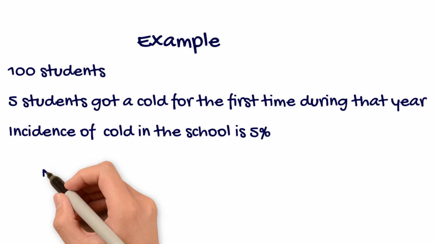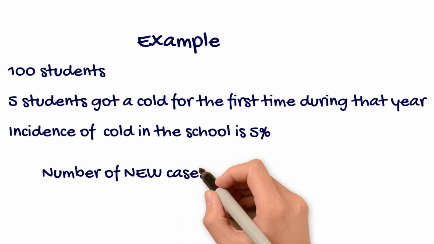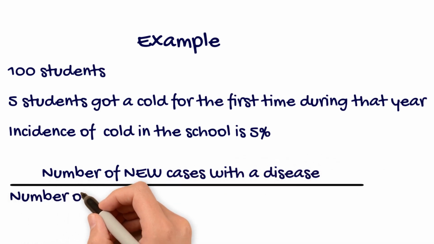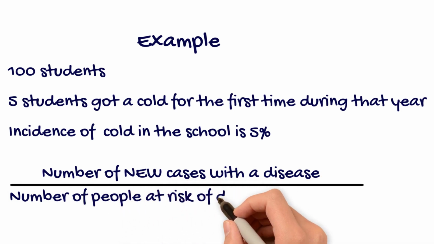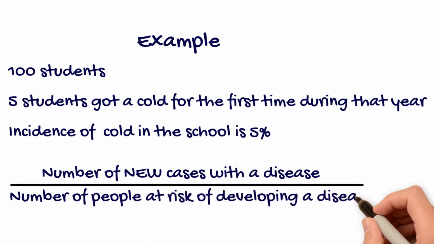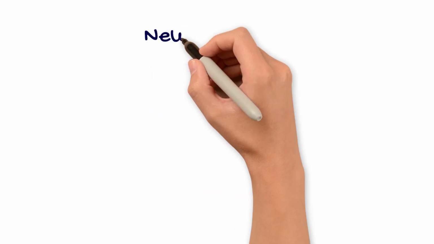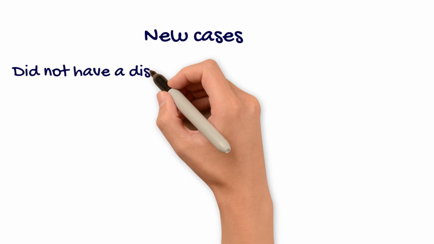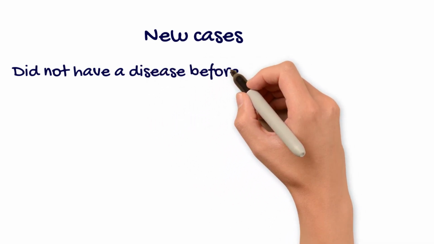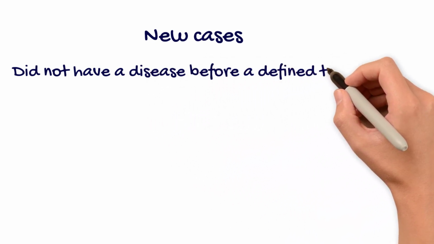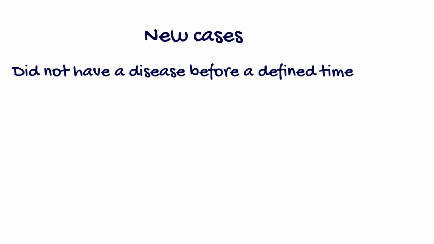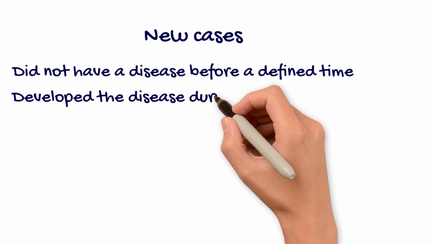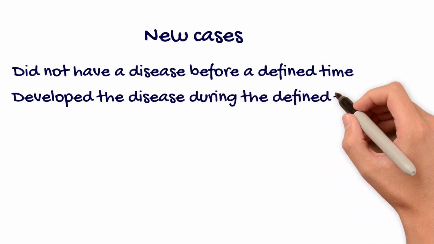Incidence is calculated by dividing the number of new cases by the number of people who are at risk of developing the disease. A new case refers to a person who didn't have the disease of interest before a defined period of time, for example, over a year, but developed the disease of interest during the defined period of time.